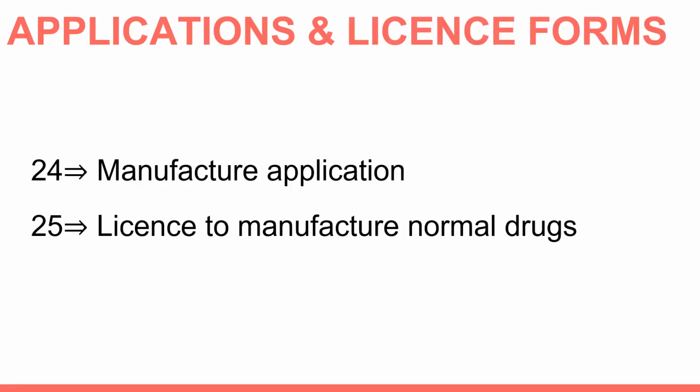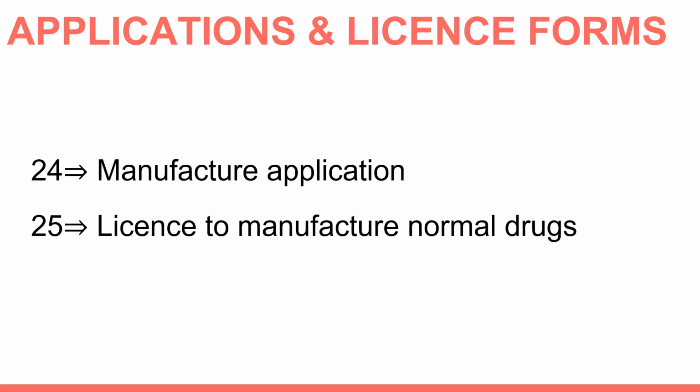Now onwards, we discuss the form numbers of application forms and license issue forms together. It is convenient to remember the form numbers if you learn these items together. Let's see why they are discussed together.